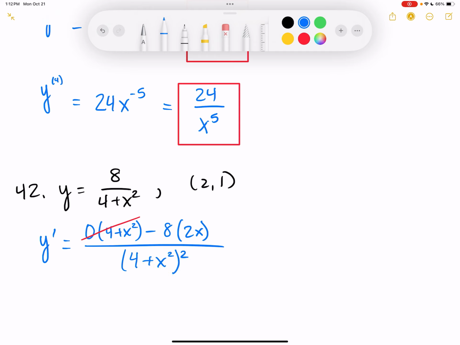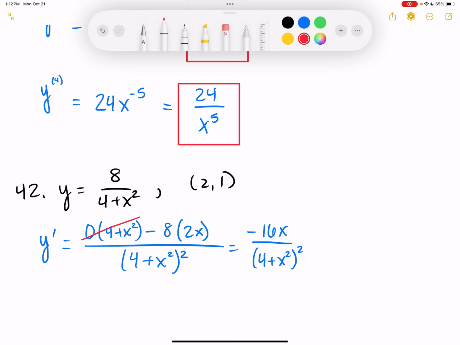So when I go to do this, I would just do negative 16x over 4 plus x squared, because then when you put the point in that they gave us, you don't actually have to FOIL this. You can just use the point and then it makes it easier.